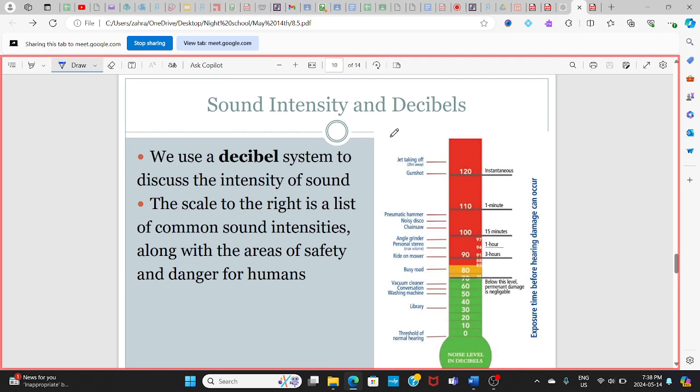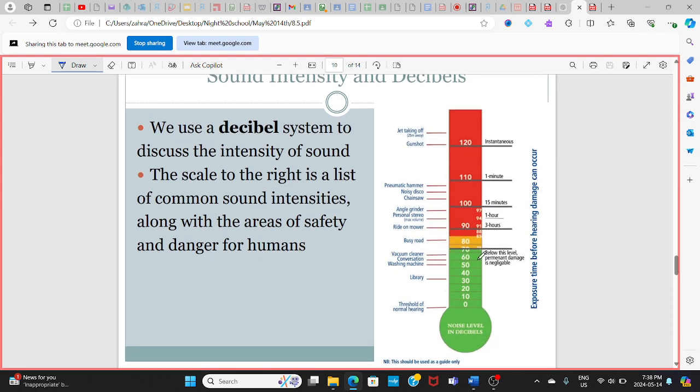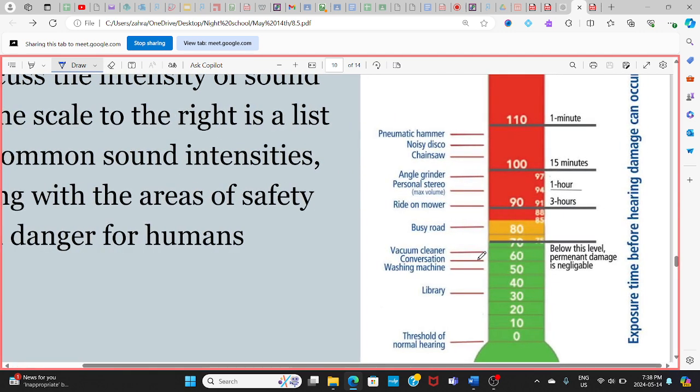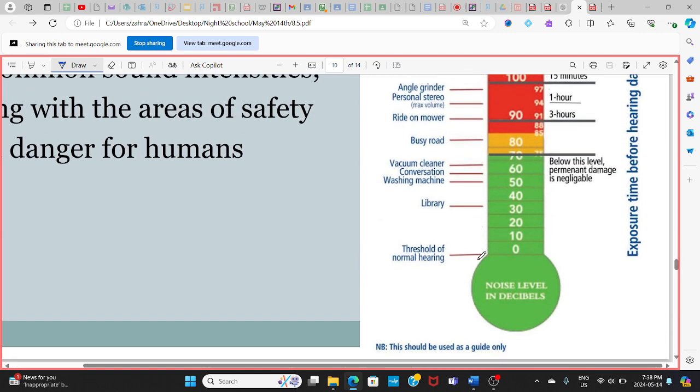Now, sound intensity and decibels. We describe intensity in decibels. Looking at this, there are various sound intensities. I'm going to make it a little bit bigger. The threshold, 0, is normal hearing.